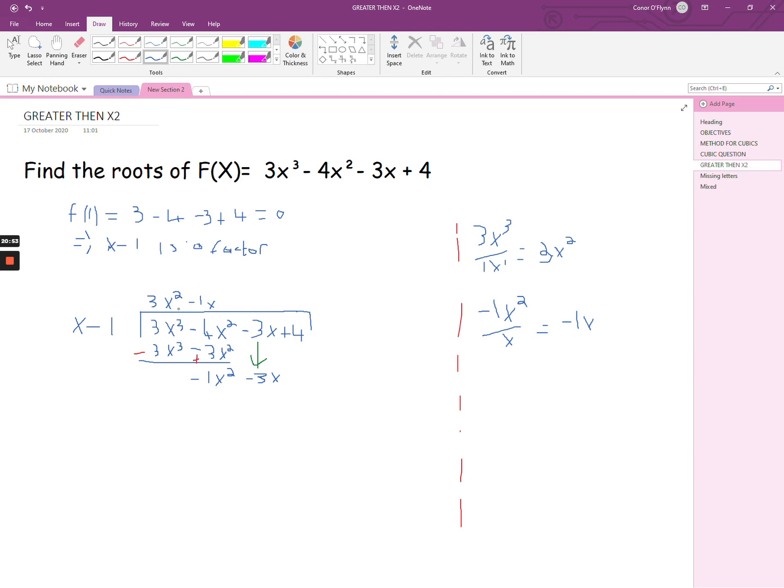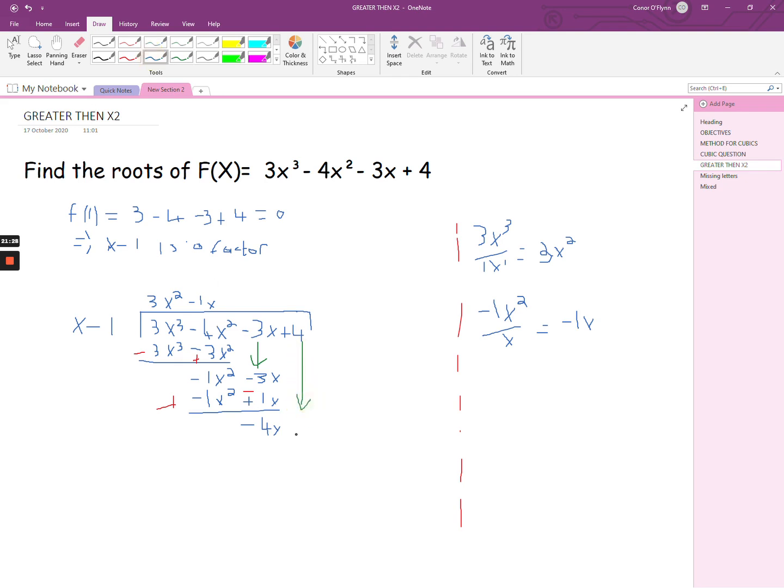So it'll be minus 1x squared plus 1x. Again, change my sign. That'll become a plus, that'll become a minus. That'll cancel. So minus 3x minus 1x is minus 4x. Okay, and then bring down the next one, plus 4.